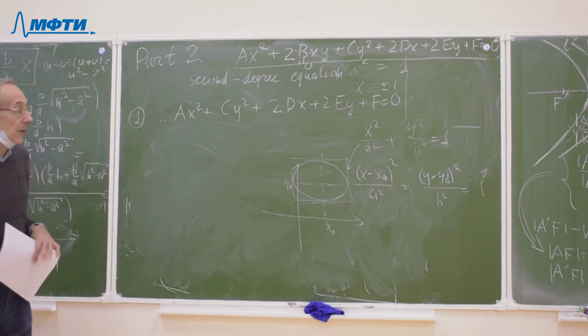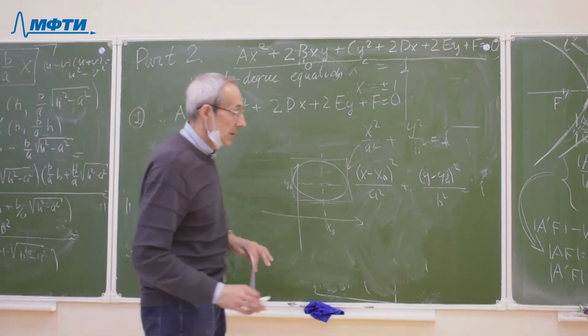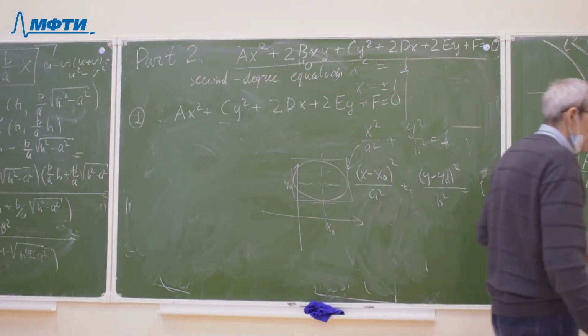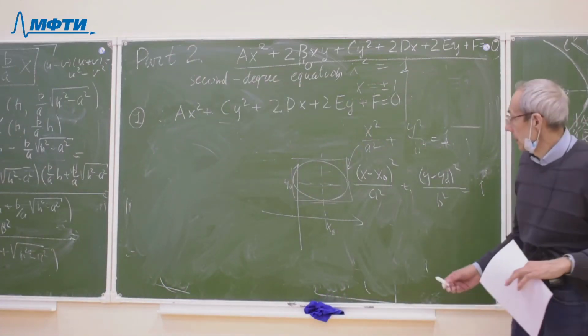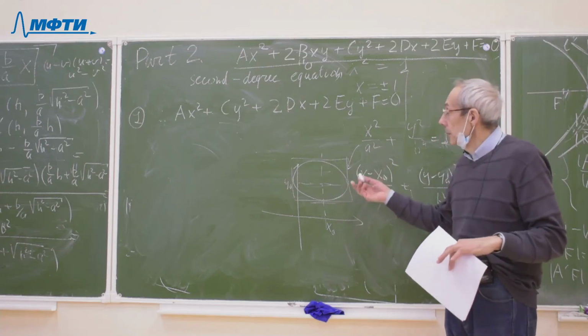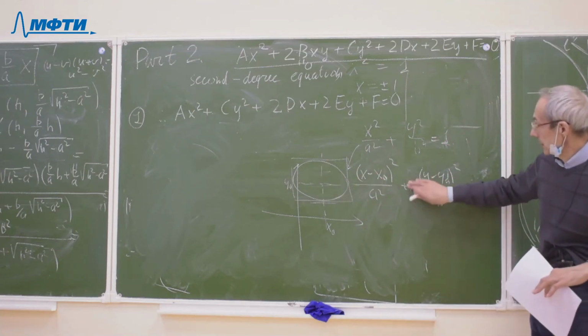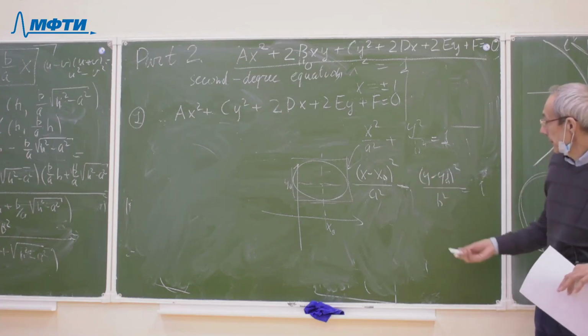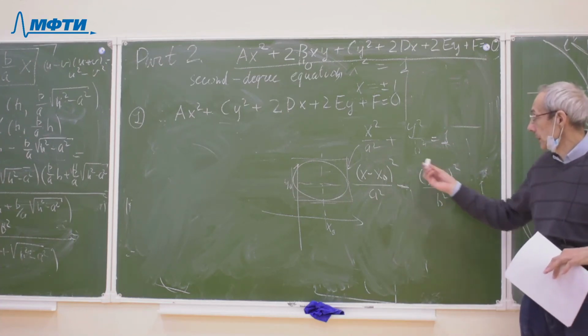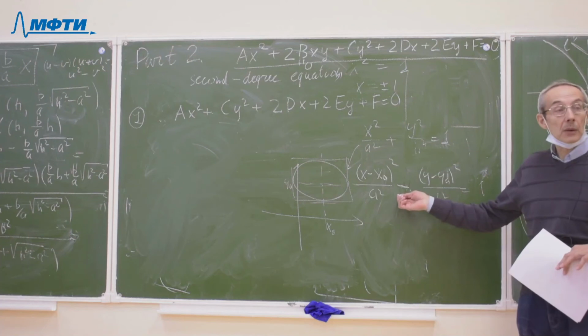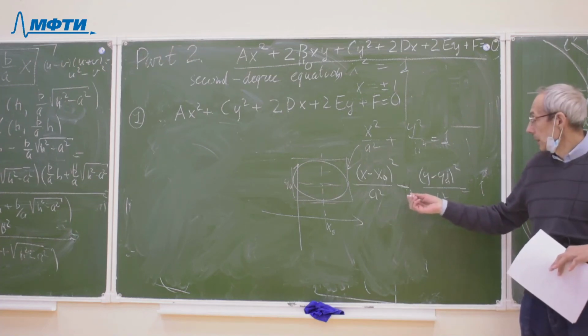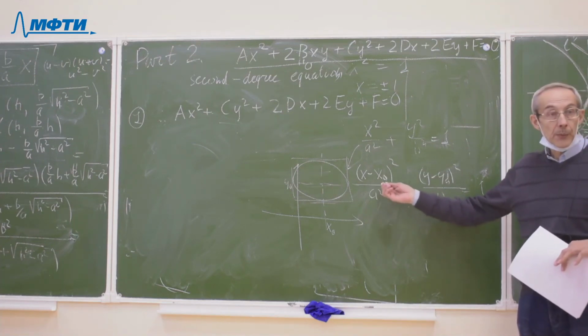In the same way we can shift the hyperbola and consider the equation of the hyperbola in the shifted coordinate system. In this shifted coordinate system, the equation of the hyperbola has the following form.